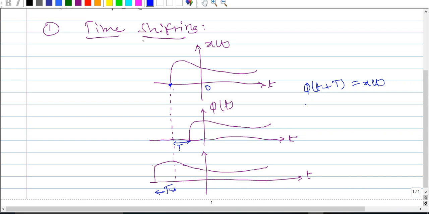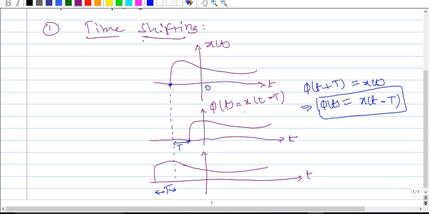From here I can write that phi of t is equal to x of t minus capital T, by subtracting T from both sides. We call this a delayed version of x of t. So this operation is basically time shifting, and this is the time shifted version.